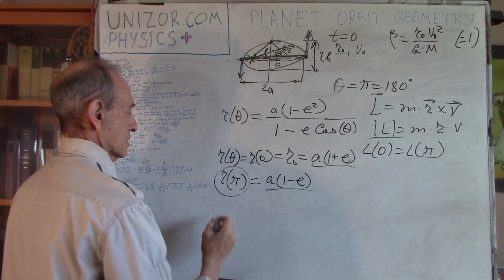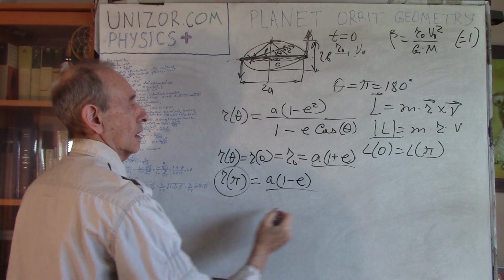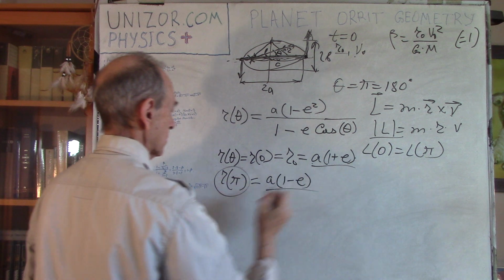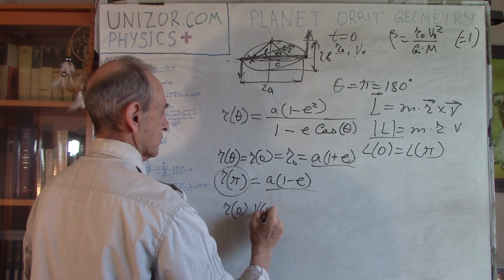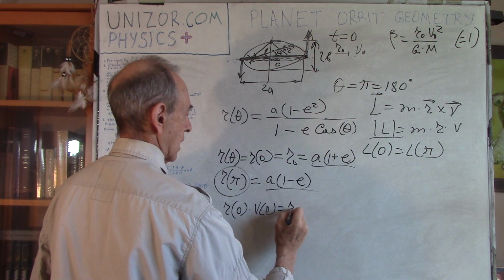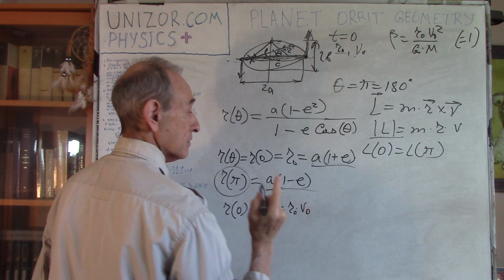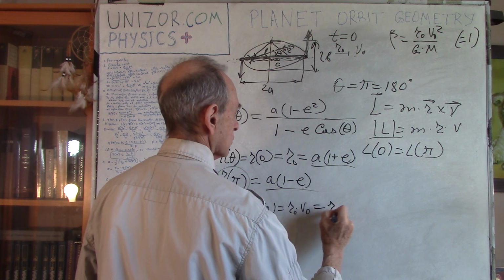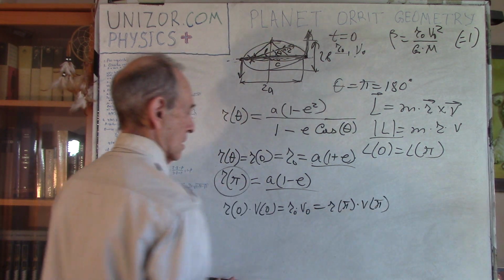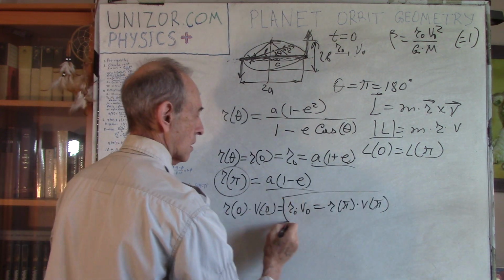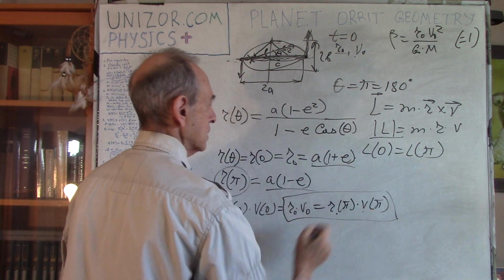Right? So, m would be the same in both places, so r of 0 times v of 0, which is r0 and v0 given to us, should be equal to r of pi times v of pi. Okay, so this is an equation for r and v.